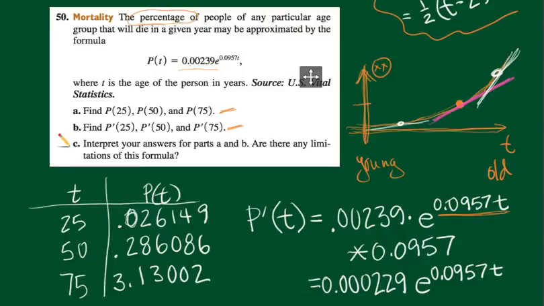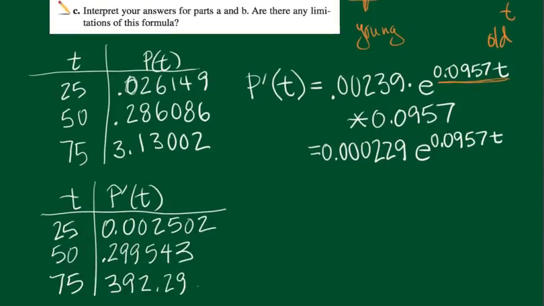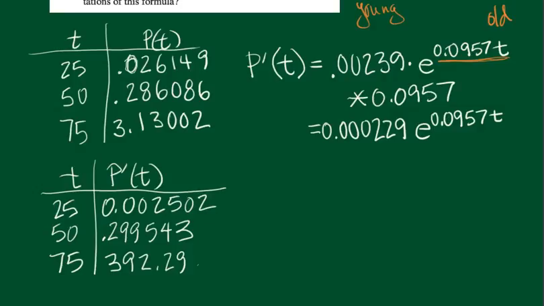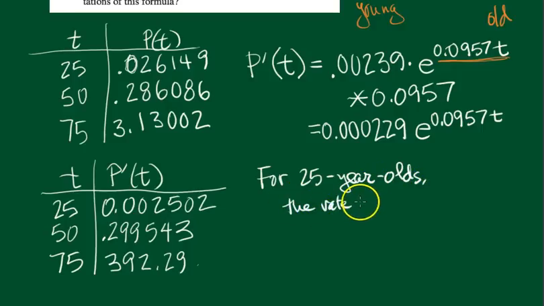Okay, did we answer all the questions that were asked? Okay, first, interpret the answers. So, for 25-year-olds, gotta backtrack here a second.